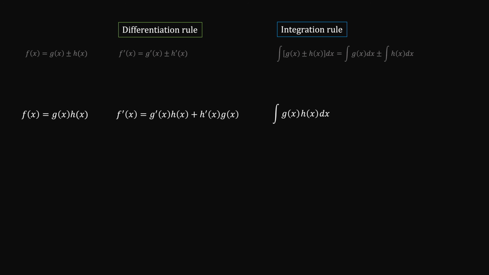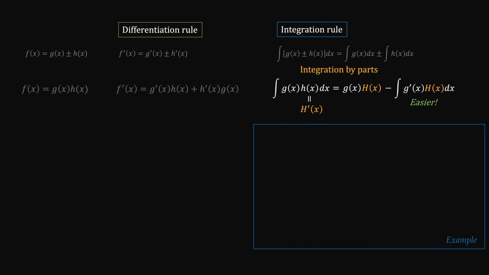If you can easily identify one function as the derivative of another function, say, this one is the derivative of another function, then the integral equals the product of the two functions minus the integral of this mixed product. You still have one integration to finish, but hopefully this one is easier. This is called integration by parts. Before we talk about why it's true, let's see how this can be helpful.